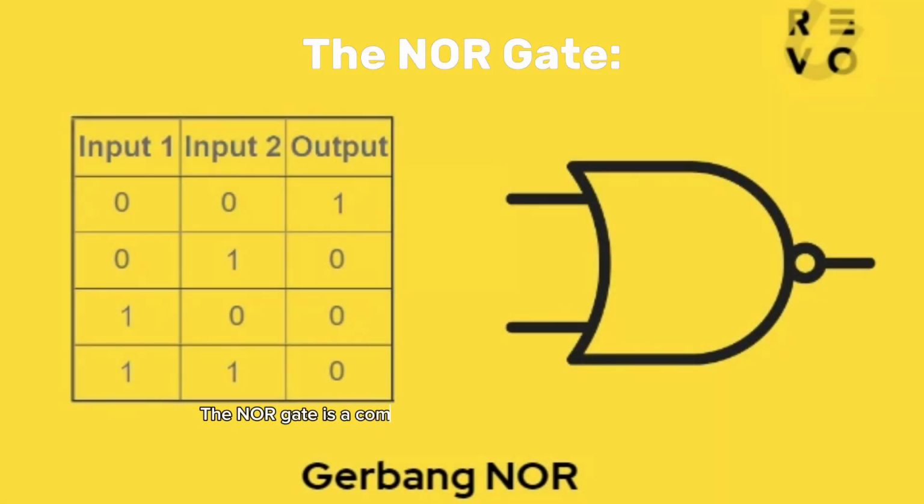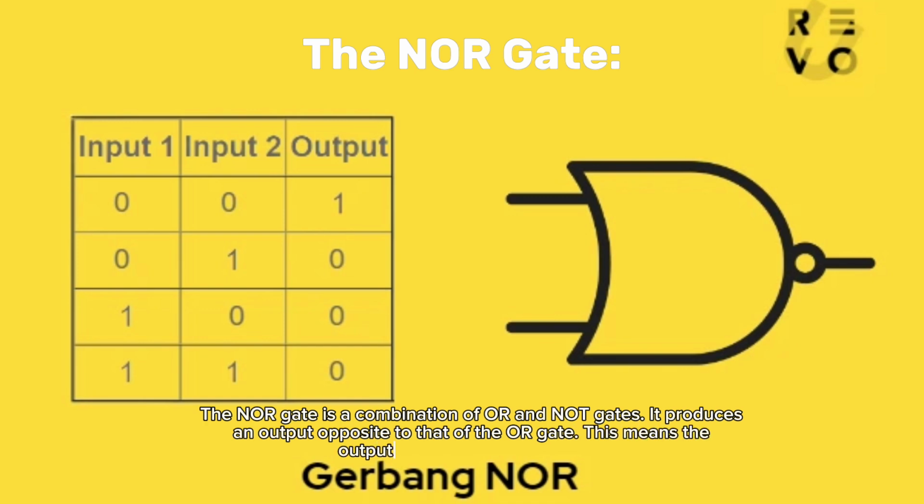The NOR gate is a combination of OR and NOT gates. It produces an output opposite to that of the OR gate. This means the output is 1 only if all inputs are 0.